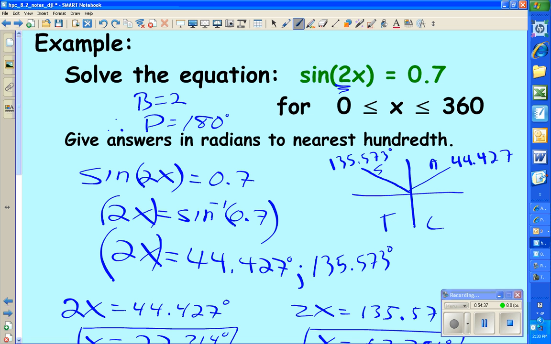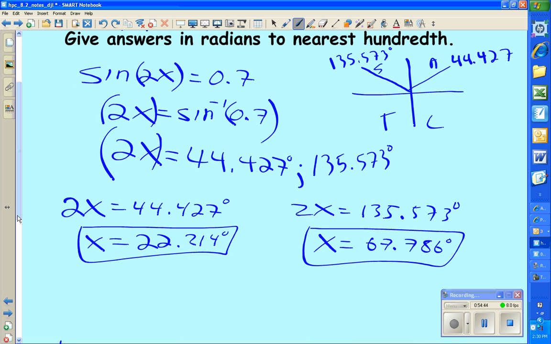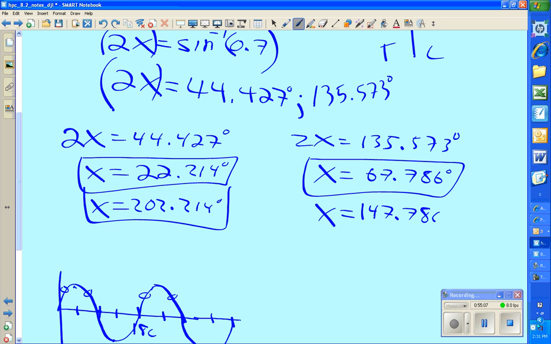The easiest way to do this is solve the way we just solved, and then keep adding 180 to each of your answers until you go out of bounds. What's out of bounds? That's 360. So we're going to add 180 to this, and x could also equal 202.214 degrees. And we add 180 to this, and x could also equal 247.786 degrees.